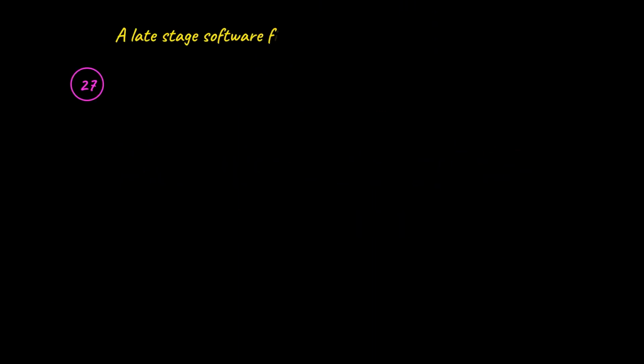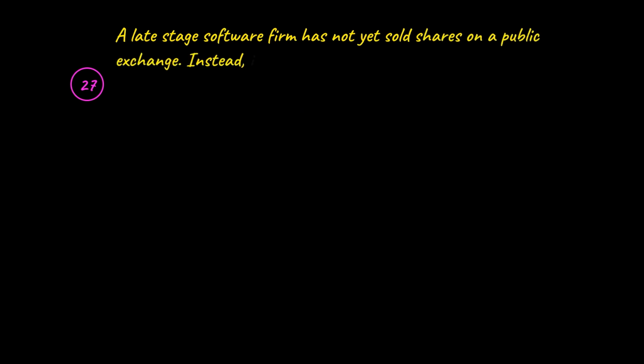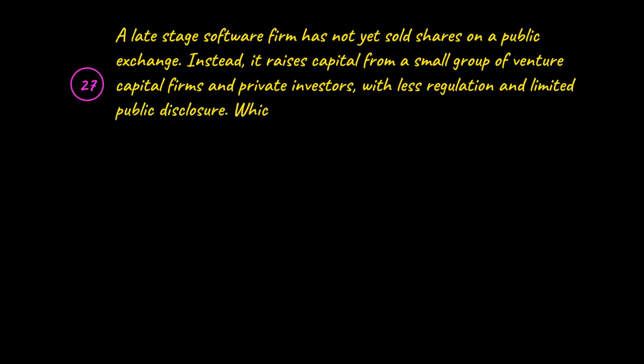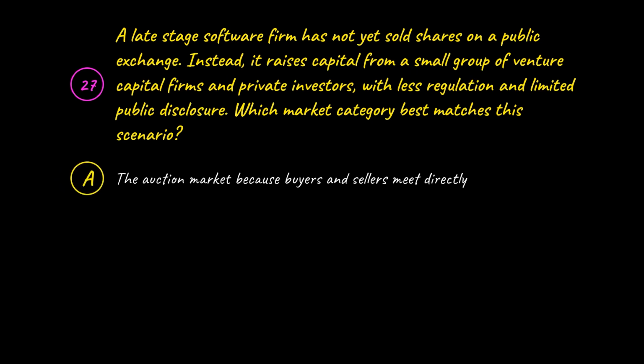Question 29. A late-stage software firm has not yet sold shares on a public exchange. Instead, it raises capital from a small group of venture capital firms and private investors. With less regulation and limited public disclosure, which market category best matches this scenario? Your options are A. The auction market, because buyers and sellers meet directly.